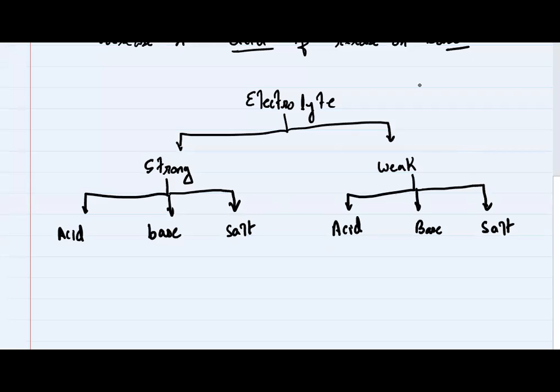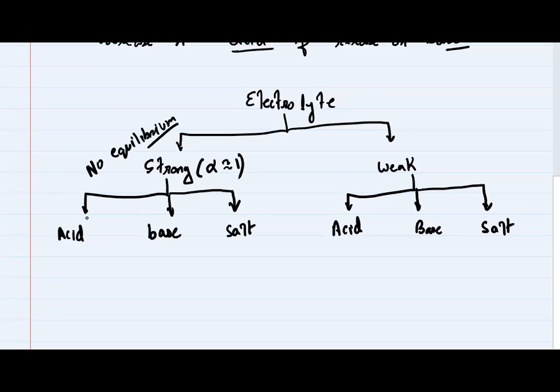Now, we know that strong acid, strong base, and salt dissociate completely, so I can write that alpha is almost equal to 1. If alpha is almost equal to 1, which means it dissociates completely, no equilibrium concept is involved.